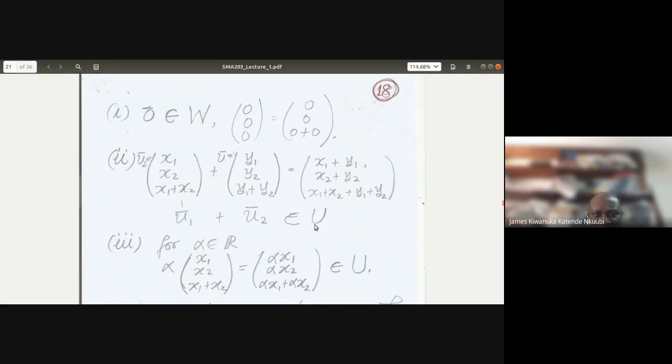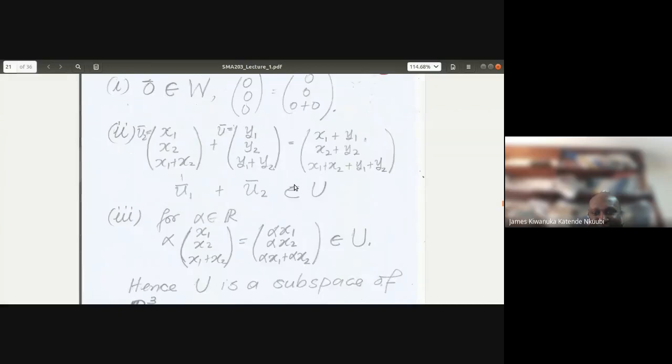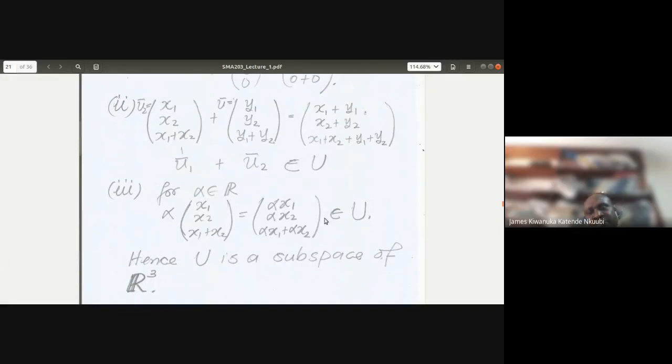Why have I changed this to U? Again, another mistake. So this should be W, not U. I will change this and rescan. What you can also do is note down, because the current set of notes I've shared on SOMAS has a link where you can download these notes. They will contain these mistakes.